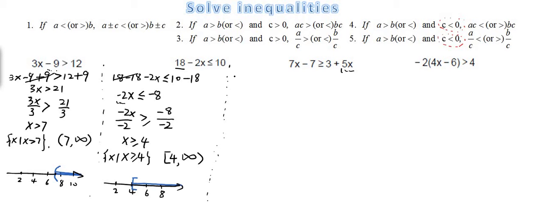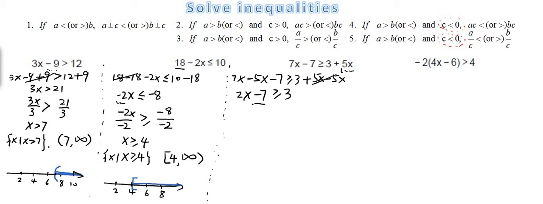How to remove it? Just subtract 5x from both sides. Okay, 3 plus 5x minus 5x, and then we can cancel out. It will be 2x minus 7 greater than or equal to 3.